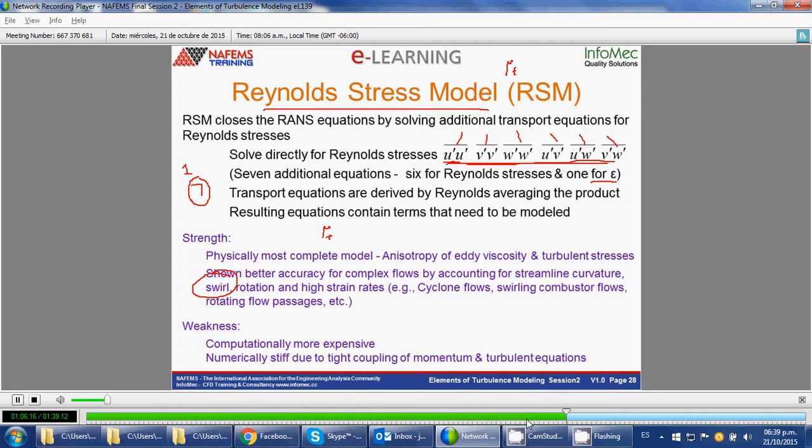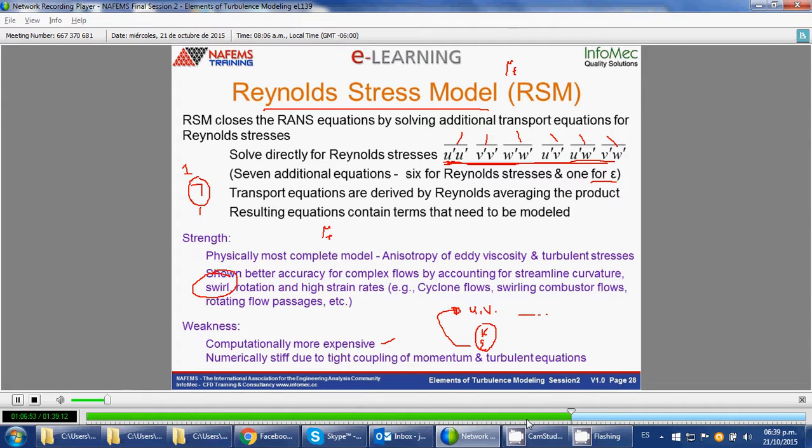So what's its shortcoming? Well, first of all, you have 7 equations as opposed to 2. It's more expensive. The second one is now you're coupling, because before that you had K and epsilon. You could solve them separately after you calculate your values like U, V, and those kinds of stuff. And so they're decoupled, and then you go back and calculate them again and so forth.